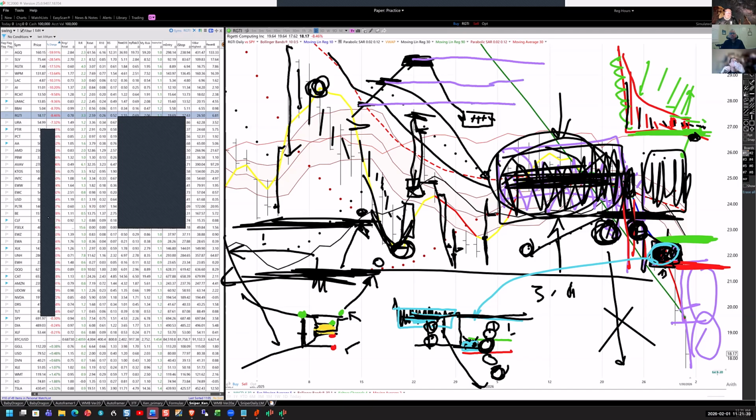And now I can say the breakout from here can get to this level, to this level, to this level as well.